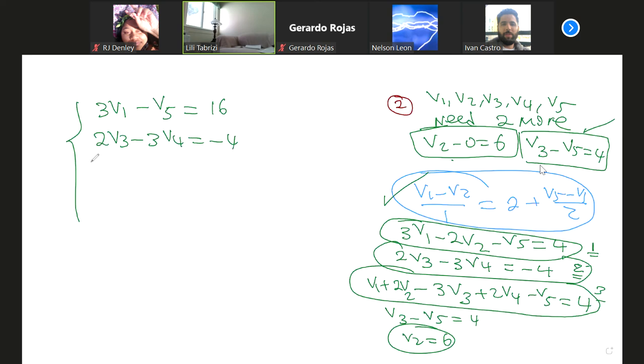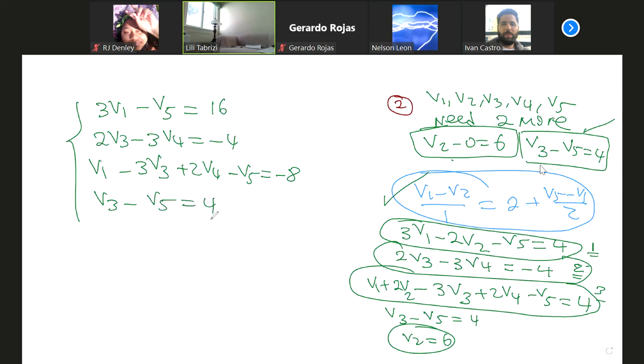Then you have v1. 2 times 6 is 12, taking to the other side, minus 8. So it's minus 3v3 plus 2v4 minus v5 equal to minus 8. And then you have v3 minus v5 equal to 4.